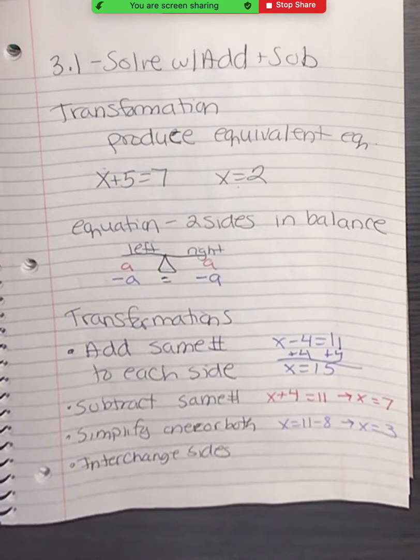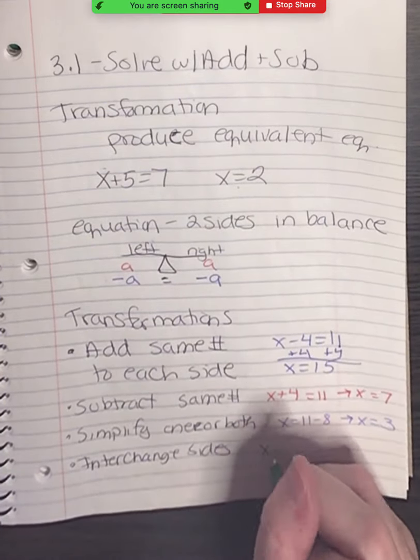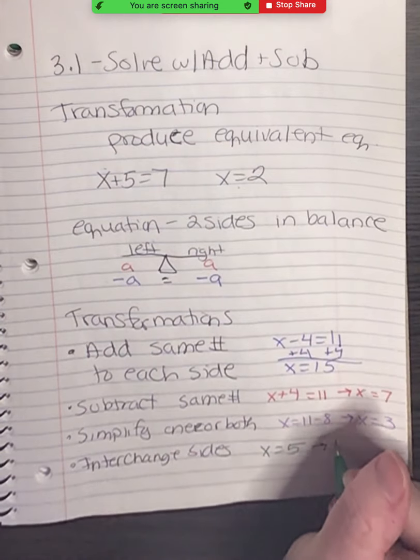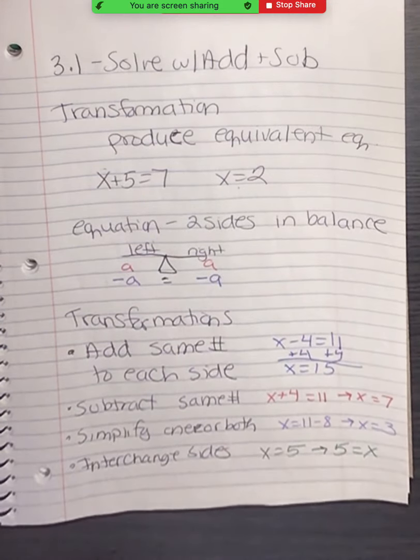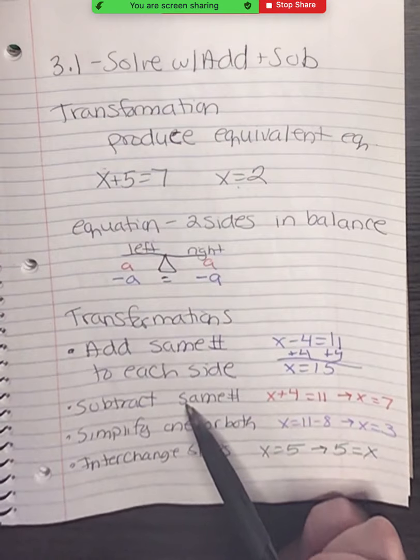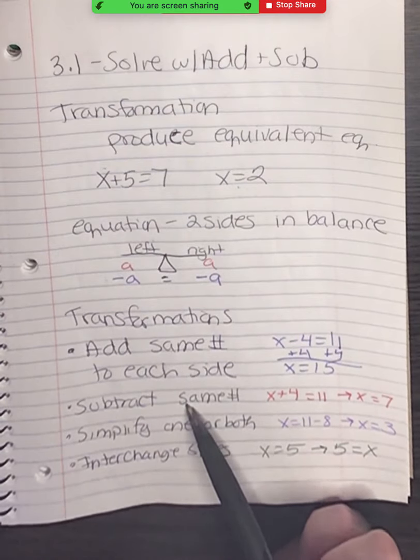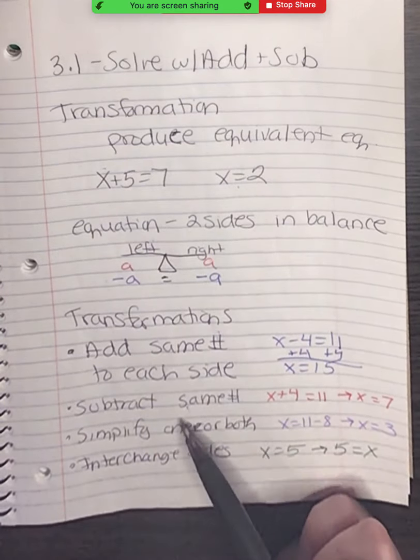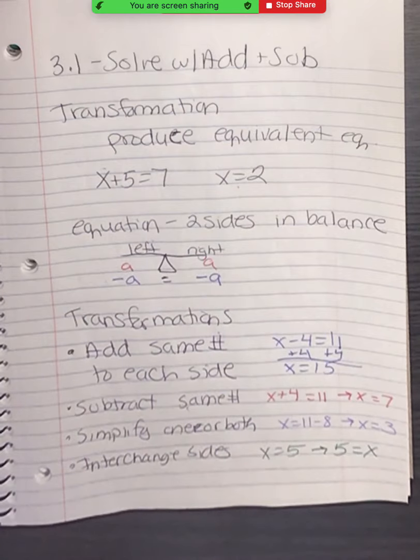All right, so all that one really means is if x equals 5, then 5 equals x. I just flipped them, okay, and they're equivalent. They mean the exact same thing. So we're starting with this adding and subtracting idea. Keeping it in balance, add the same number or subtract the same number, and your equations are balanced.